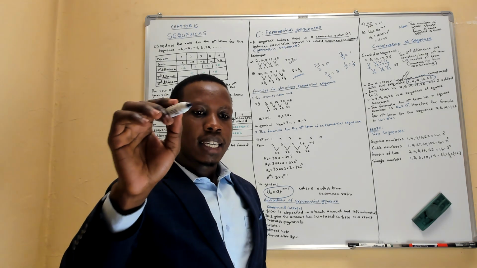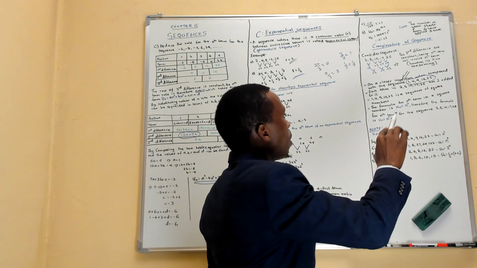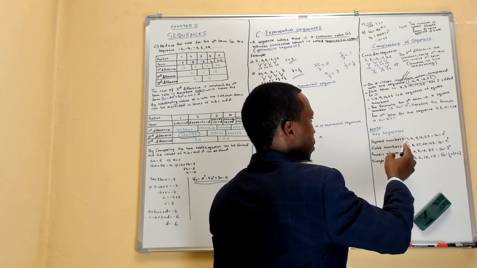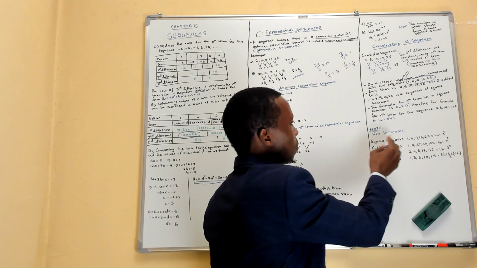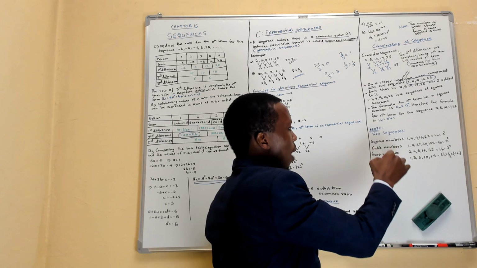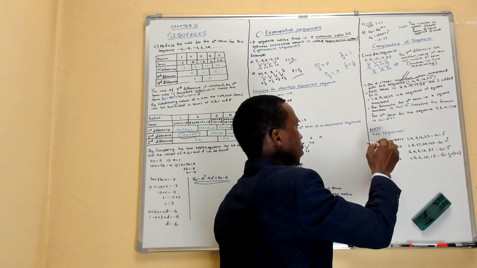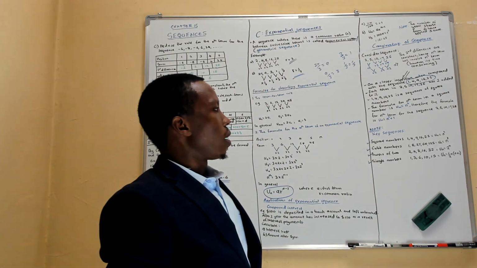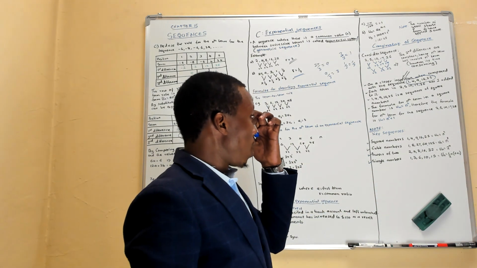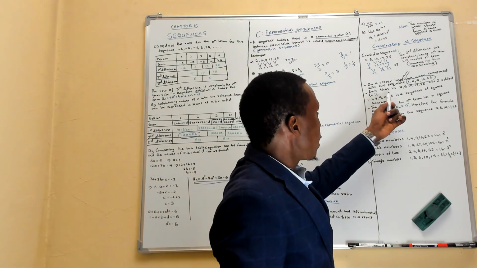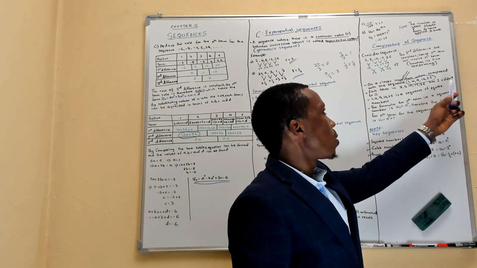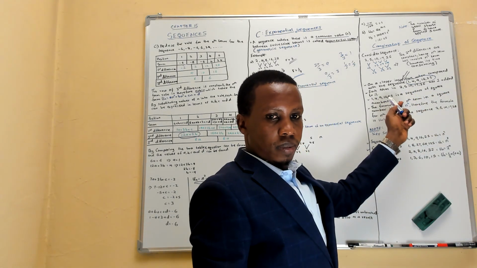It is a key sequence because it forms square numbers. These are just some of the key sequences that I've noted for you. It means that each term in 2, 5, 10, 17, 26 has 1 added to it.